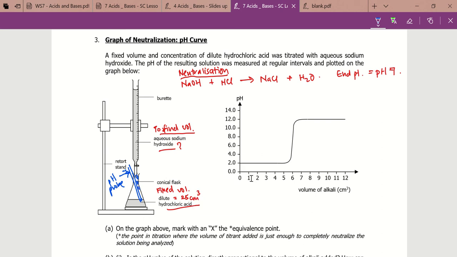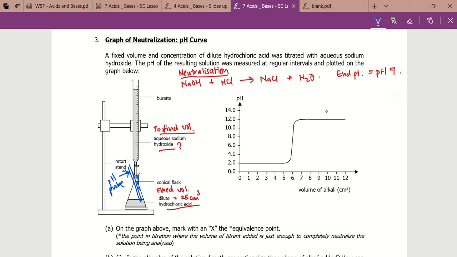As the reaction starts, you see that the pH changes from the acidic range, because I started off with hydrochloric acid. It will not have much change initially, and then it suddenly spikes up, and then it reaches the pH of mostly alkali.